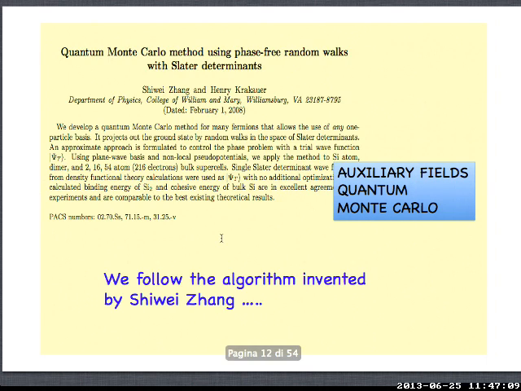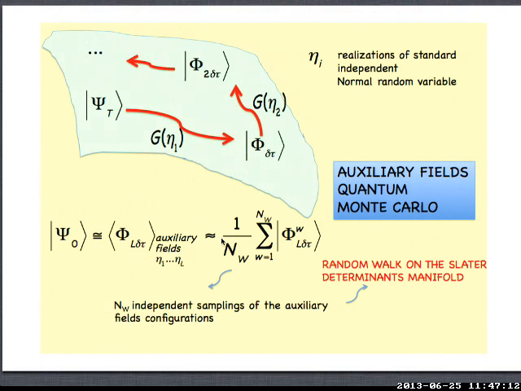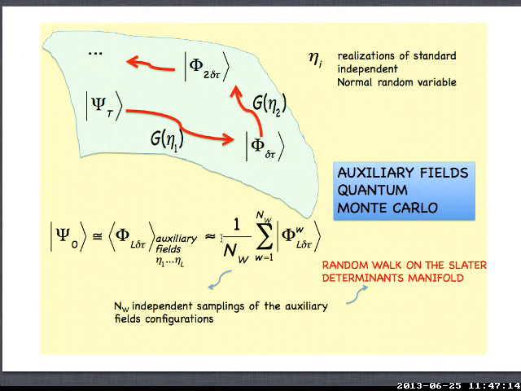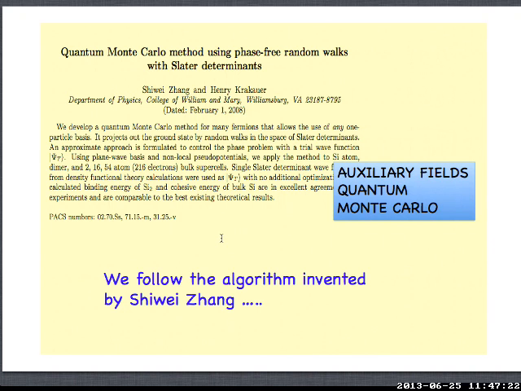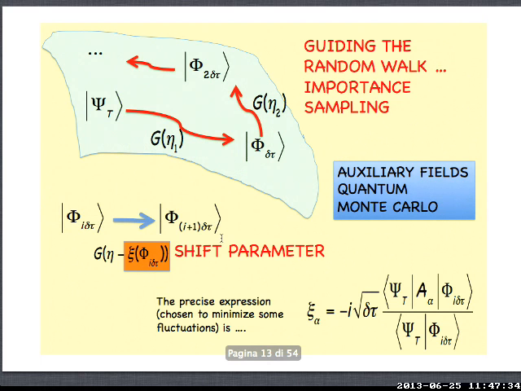Well, actually, a big deal of uncertainty arises if one uses this plain version of the algorithm. Shiwei Zhang invented a way to improve the motion in the set of Slater determinants to reduce the variance of the calculations.